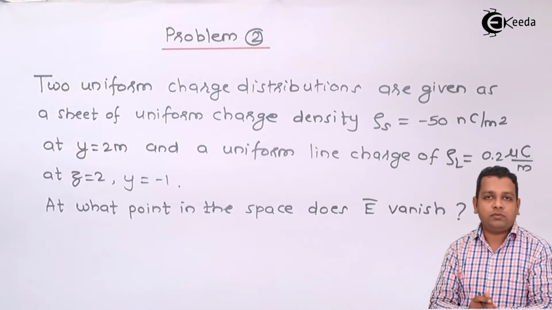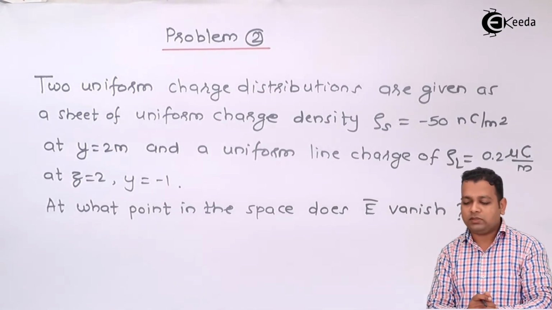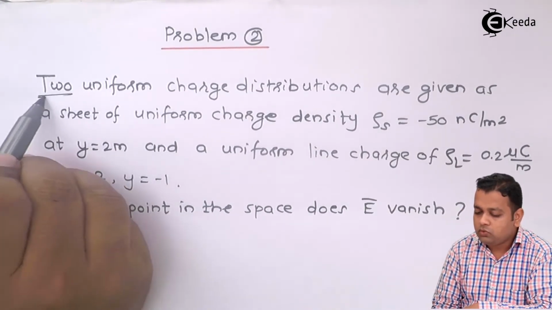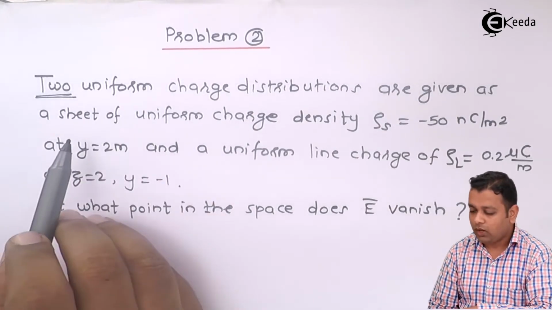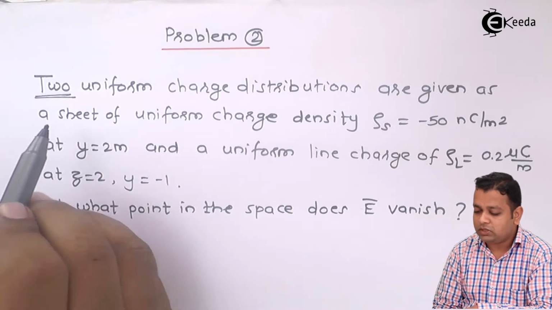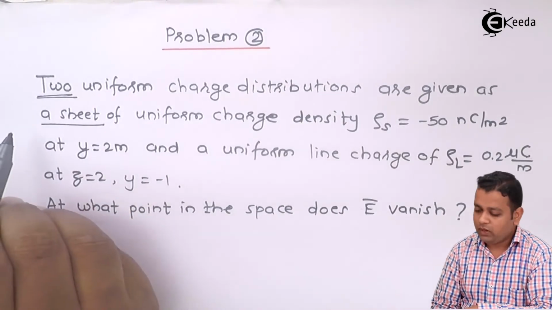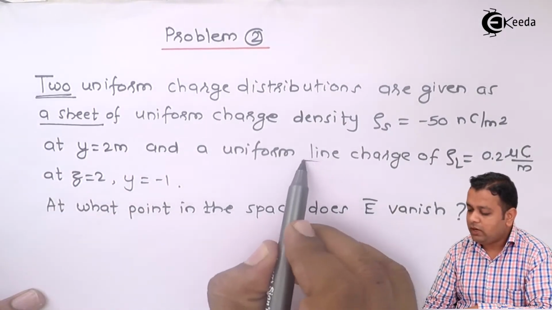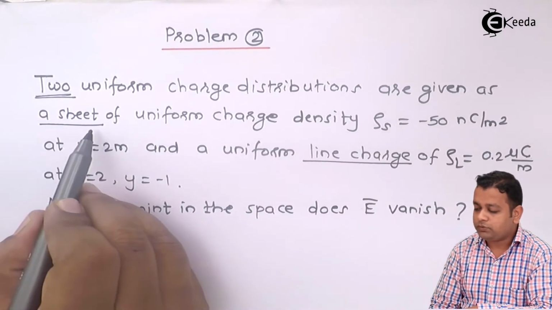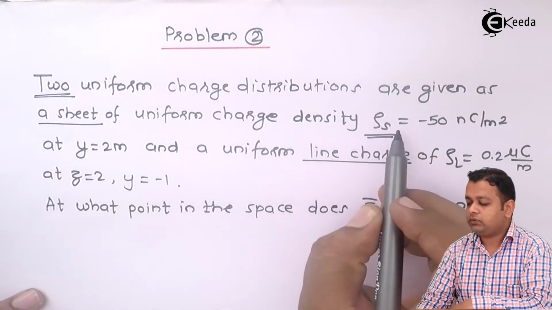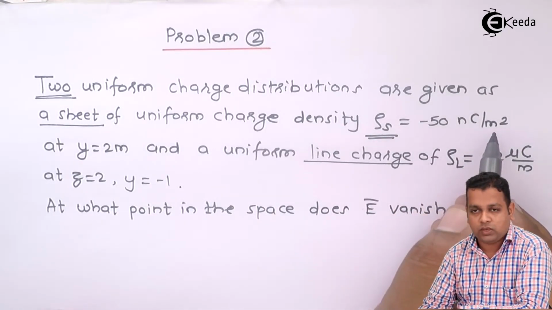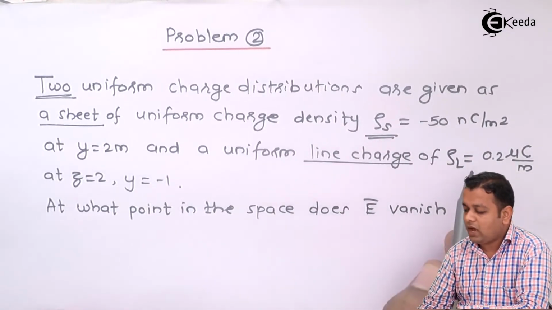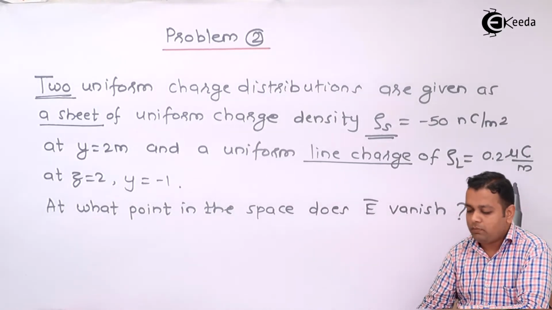On reading the problem statement, the information obtained is that there are two charge configurations that have uniform distribution. The first is a sheet of charge and the second is a line charge. The sheet of charge has surface charge density minus 50 nanocoulomb per meter square, whereas the line charge has 0.2 microcoulomb per meter.